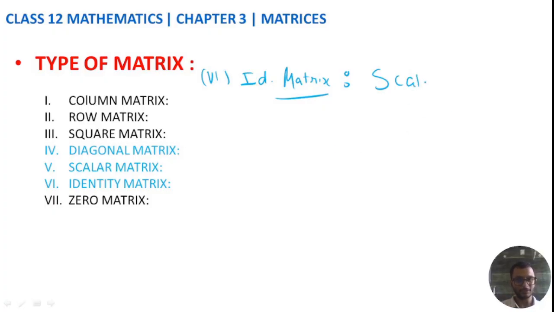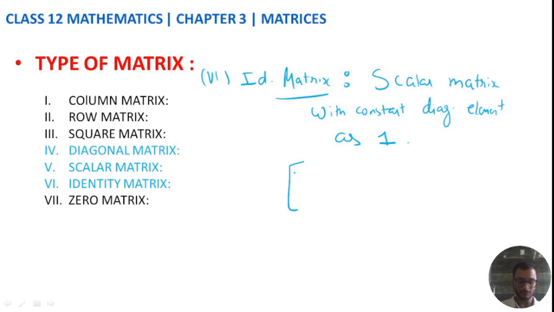So identity matrix means a special type of scalar matrix, a scalar matrix with the constant diagonal element as 1. That is the constant element involved in a scalar matrix, that is, the constant element of the diagonal is the same. That same element is here 1.